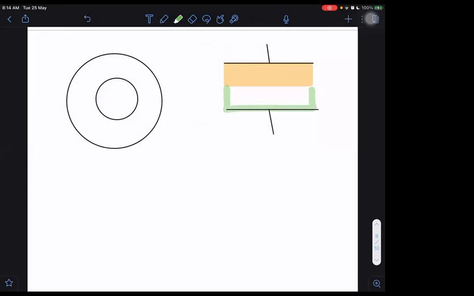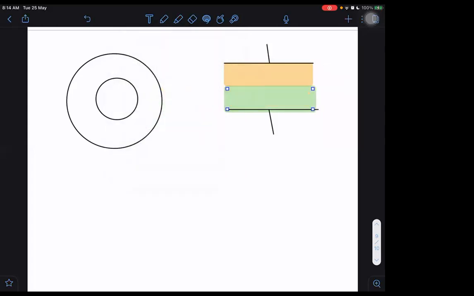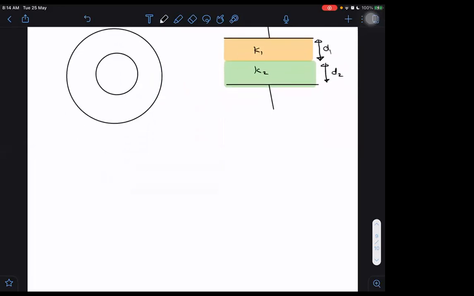That only we are going to do. Let us say it is K1 and it is K2. The gap from here to here is D1 and this gap is D2. Then our formula will become series. These are in series.